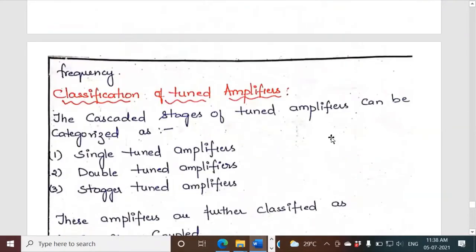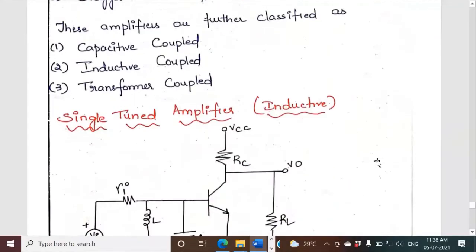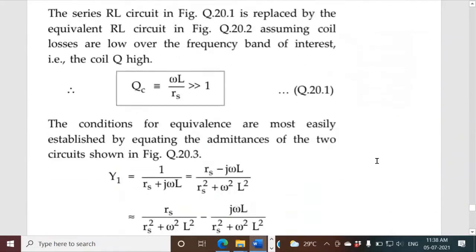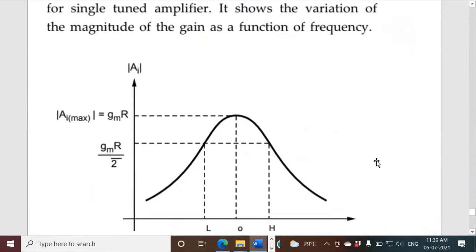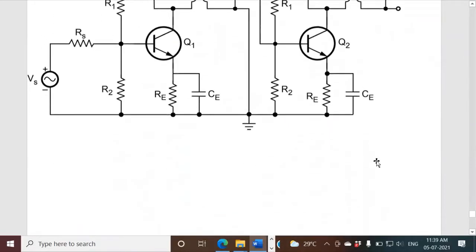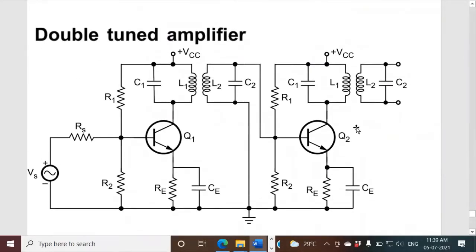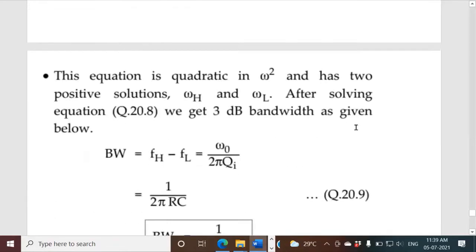What will a double tuned amplifier be? Very good, simply use two tuned circuits. If in an amplifier you use two tuned circuits, see here, this is the double tuned amplifier.